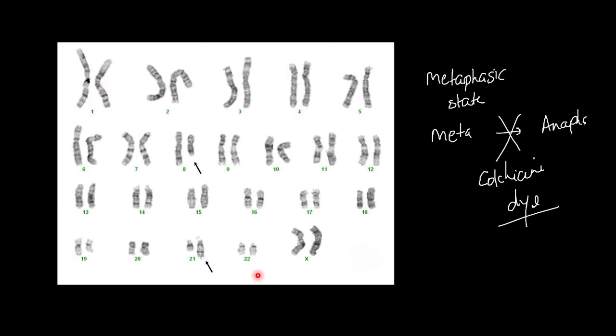Similarly, like this. Now you can see the 8 and 21 translocation. This is chromosome number 8. This is chromosome number 21. You can see that part of chromosome number 8 is translocated to chromosome number 21. Because of that, chromosome number 8 becomes smaller and chromosome number 21 becomes larger.